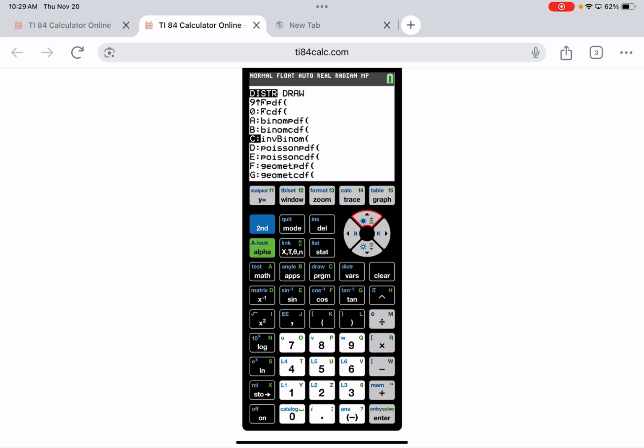So when I scroll up to those 2 functions, these are going to be my binomial distribution calculations. So something you might want to write down here, binom PDF. When I select binom PDF, I'm looking for an exact number of successes. So like the scenario we're working on right now, we want exactly 3 kids with type O blood. That is a binom PDF problem.